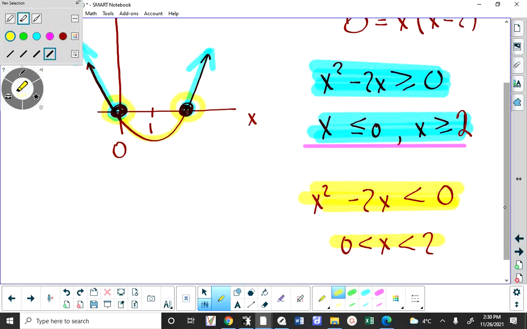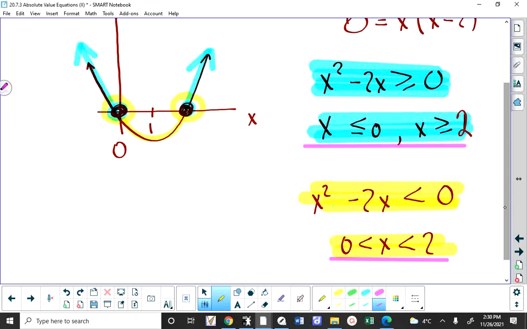And this subdomain that I've highlighted in yellow and underlined in pink will be the subdomain for equation 2. When we wrote absolute value quadratic functions as piecewise functions, this is what we did. We're doing the same thing. So x is between 0 and 2.